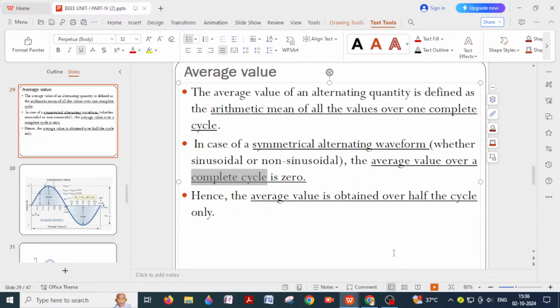Therefore, whenever you want to calculate the average value, you must consider only the half cycle.